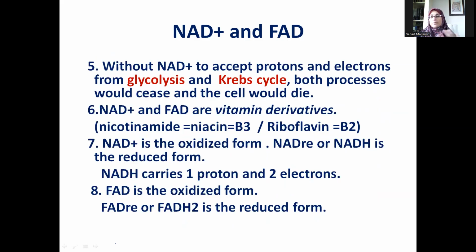And as I said, without NAD to accept the protons and electrons, glycolysis and the Krebs cycle would stop and the whole cell would die because it would be deprived of energy. So the cause of death here would be the deprivation of energy.